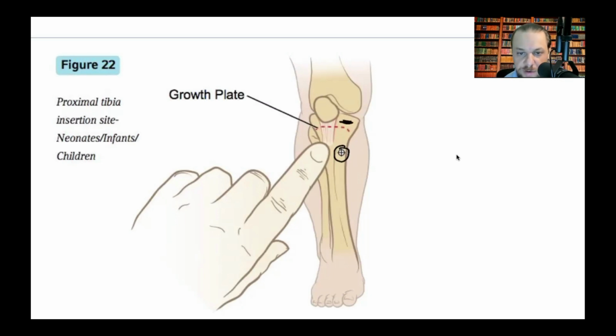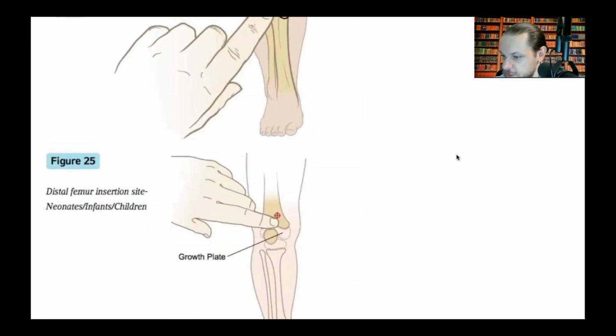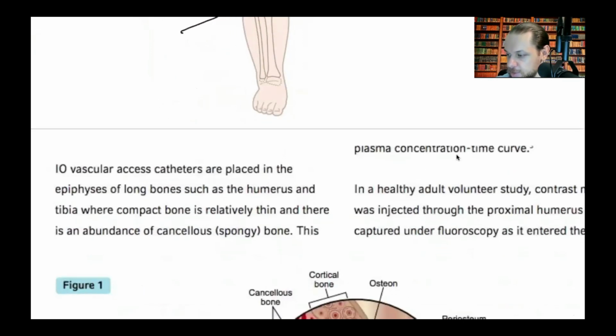So you don't want to be at the very top of the tibia when you're starting this in kids. This is their femur. The femur also has an epiphyseal plate, so you want to be careful. They show you the growth plate here, at the very tips of the epiphyses. You want to avoid that if you can, not to damage it, so the baby can grow.